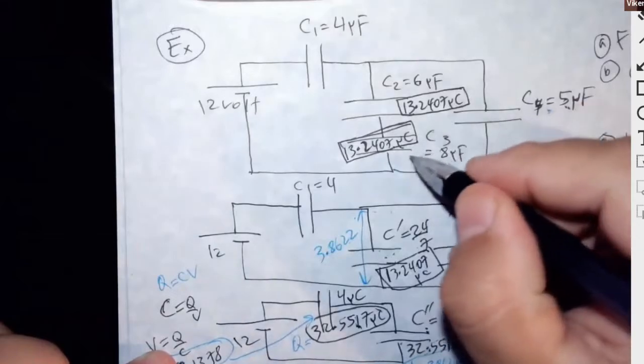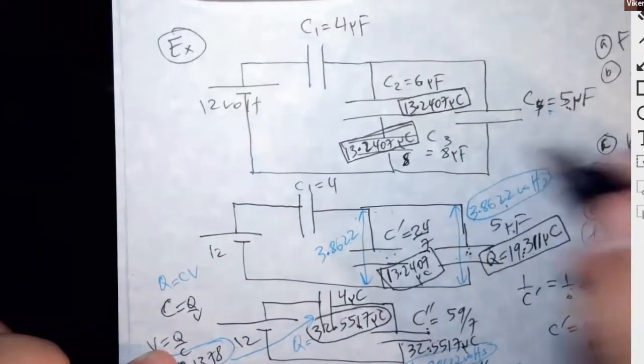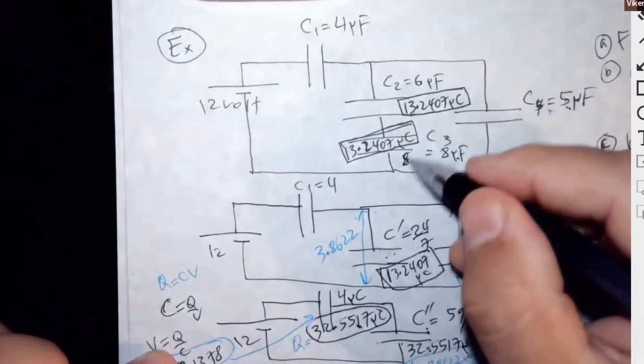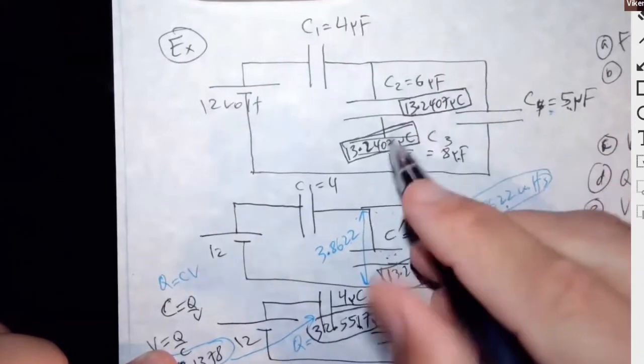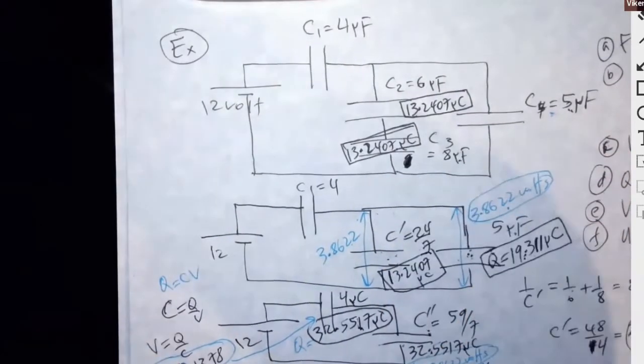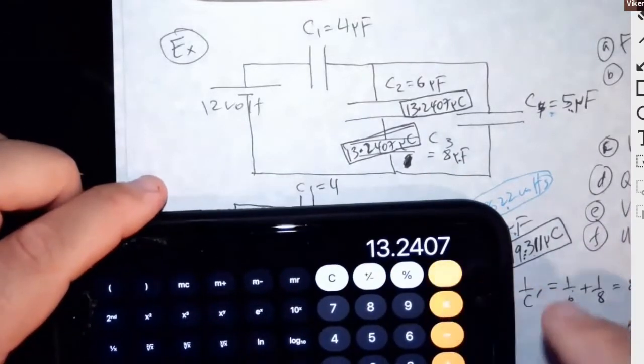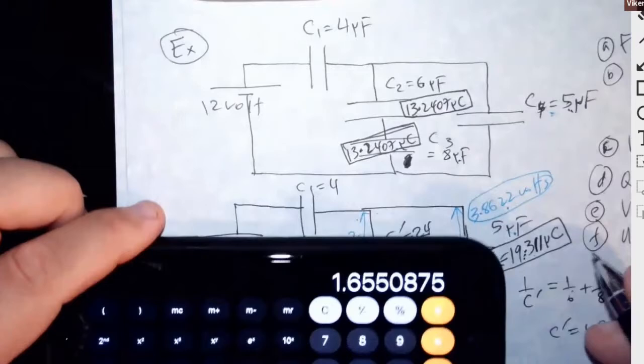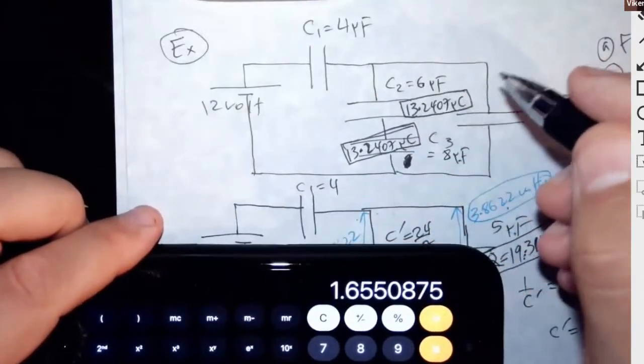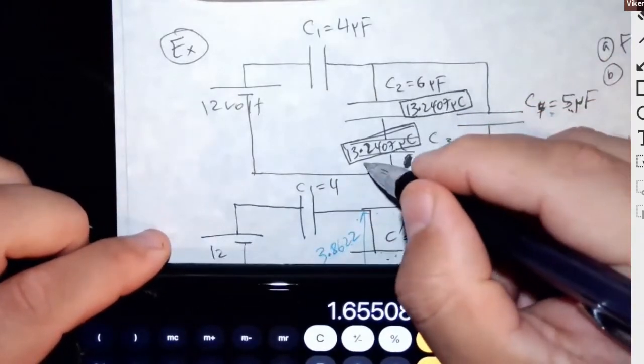I think it was 8. Yeah, it was right here. Okay, so take its charge divided by 8. So 32 divided by 8.